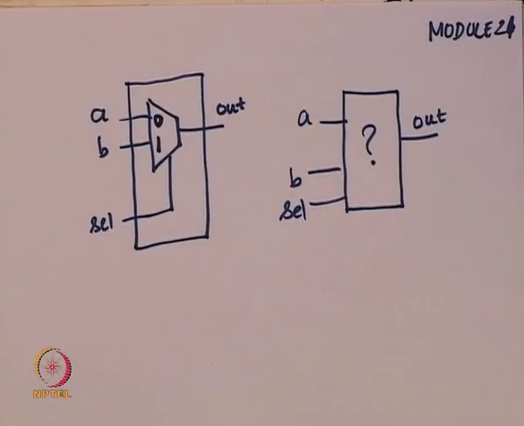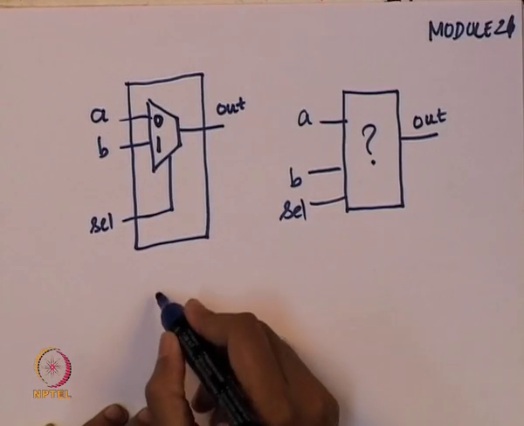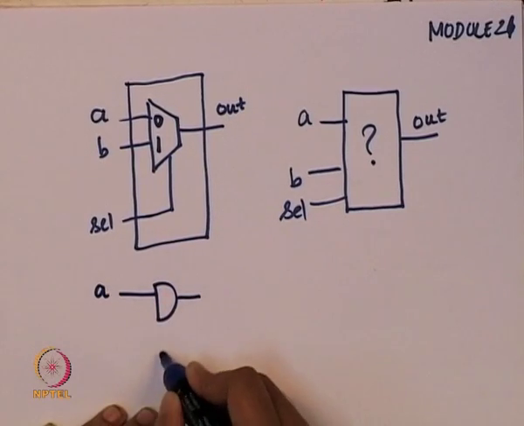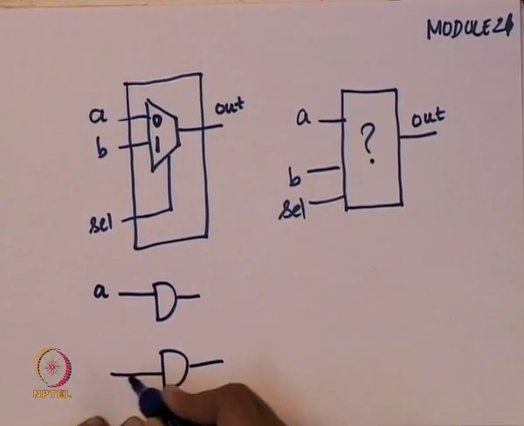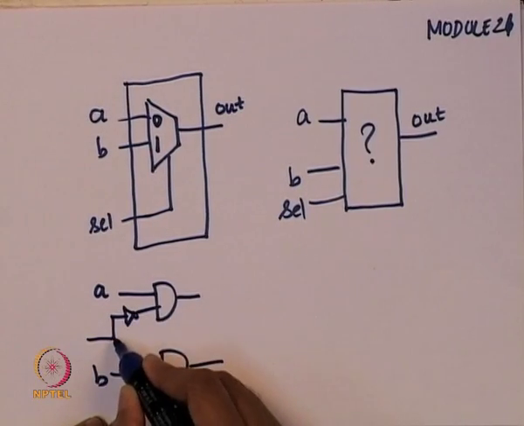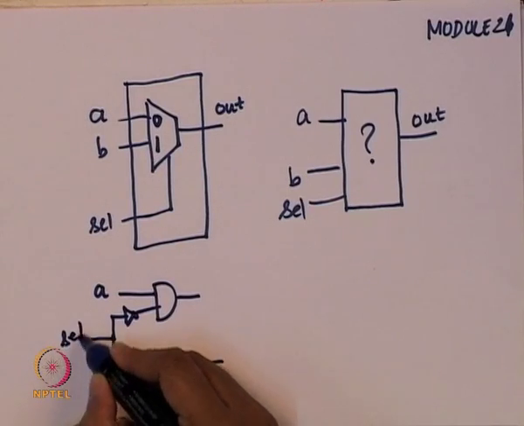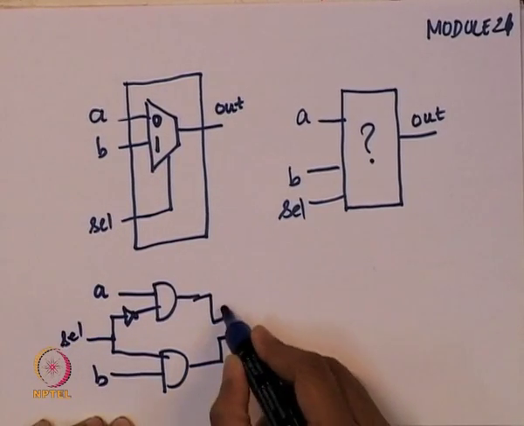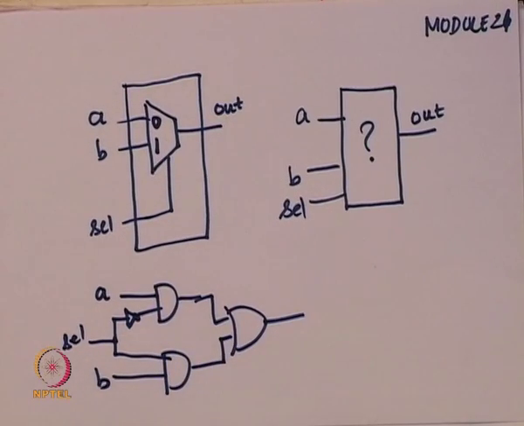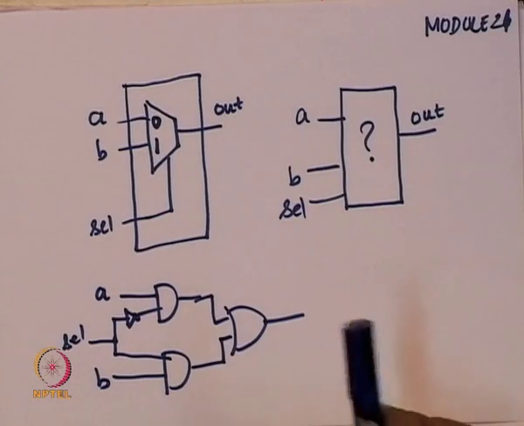A structural description would say I want one AND gate which takes A, another AND gate which will take B as input, and you have a select line. You would imply some structure like this. Once you have a structure like this, you will have 4 Verilog lines: 1 for the OR gate, 2 for the AND gates and 1 for the inverter. That is completely possible, but I am going to do something different for this class.